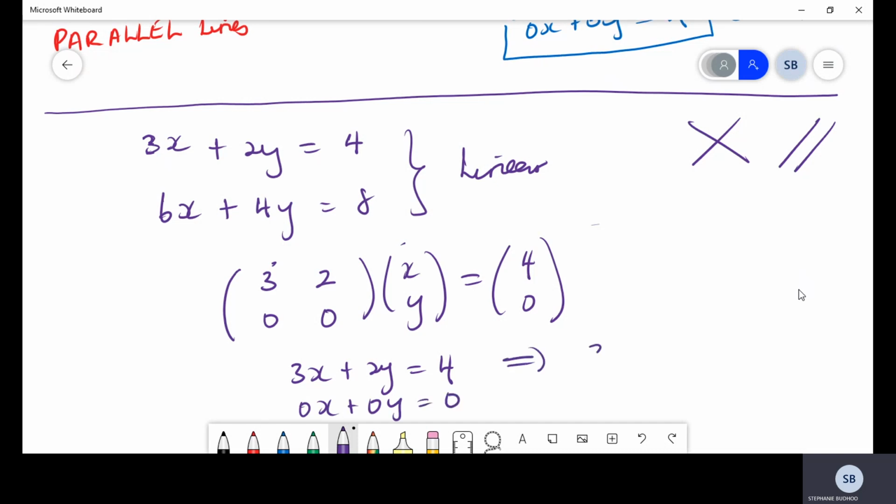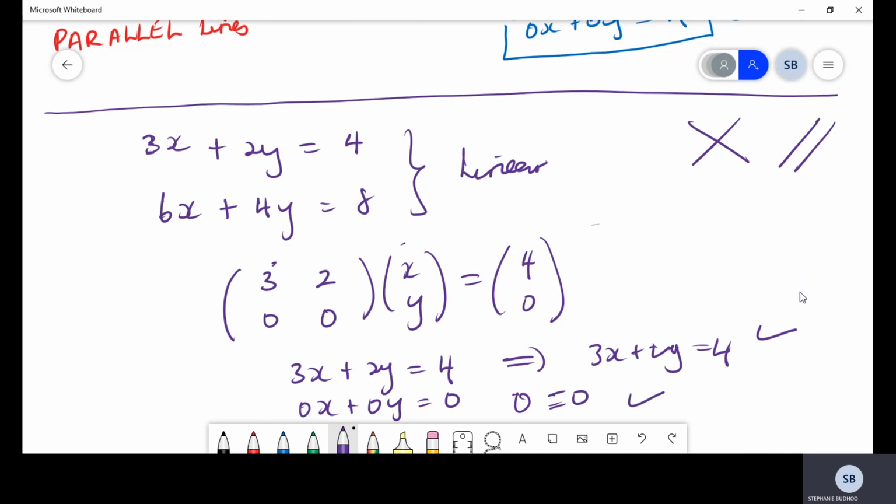So on the top, 3x plus 2y being equal to 4, that holds. That seems fine. And on the bottom, you have 0 is equal to 0, which also holds. That's fair. That's definitively correct. That's not mathematically incorrect.